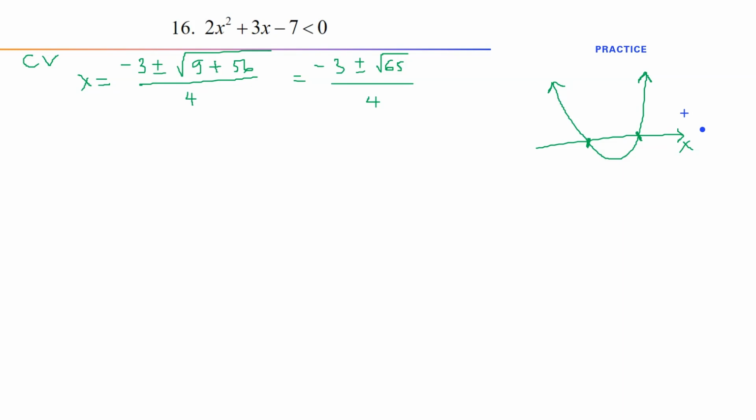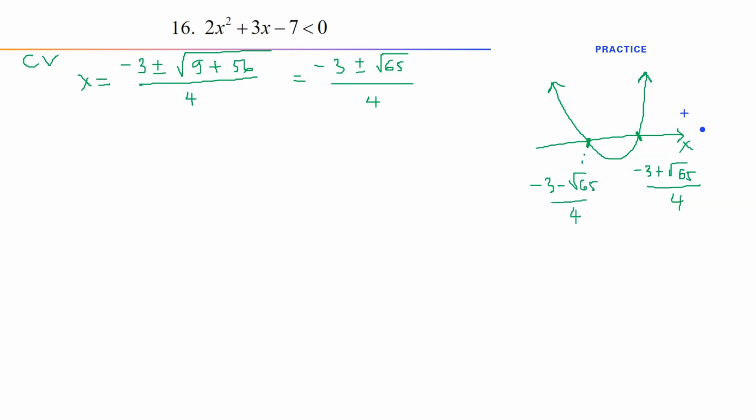When you're adding something, it makes it more positive, so it's going to be on the right-hand side. So negative 3 plus square root of 65 over 4, and also negative 3 minus square root of 65 over 4.